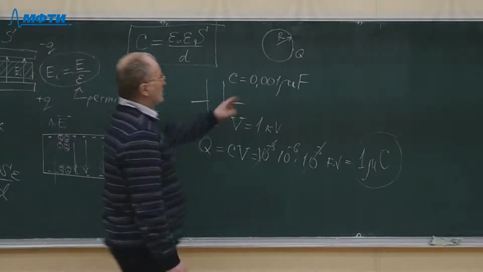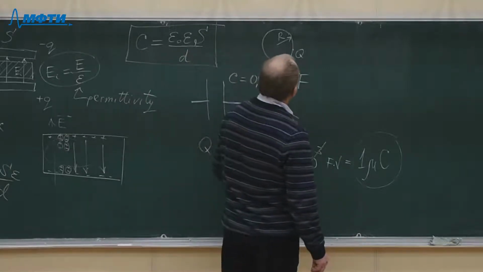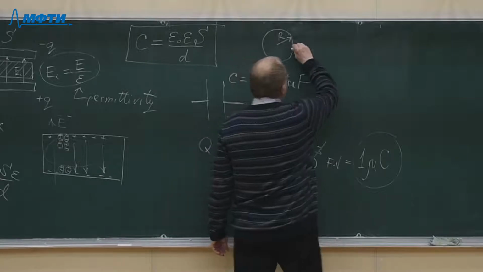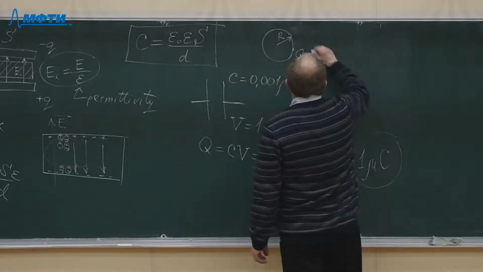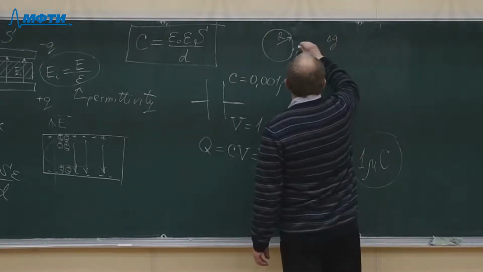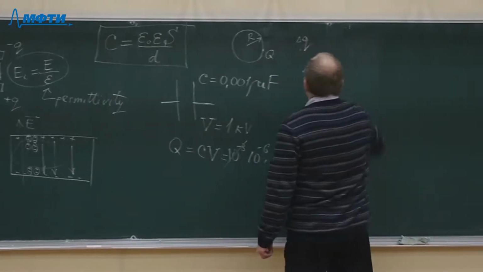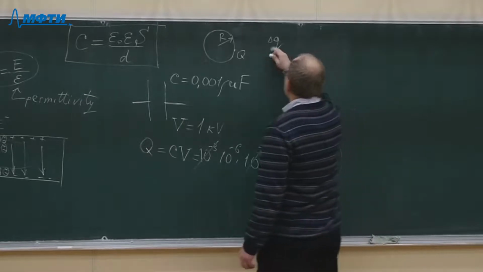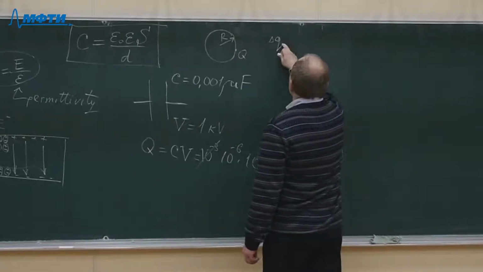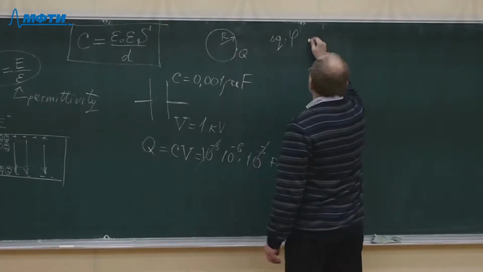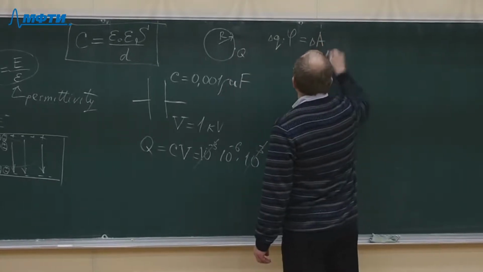I remind you, the potential of this conductor is defined by the work done by the field if we take some small charge element and allow it to go to infinity. So the charge quantity times the potential of this surface will be equal to the work done by the field.